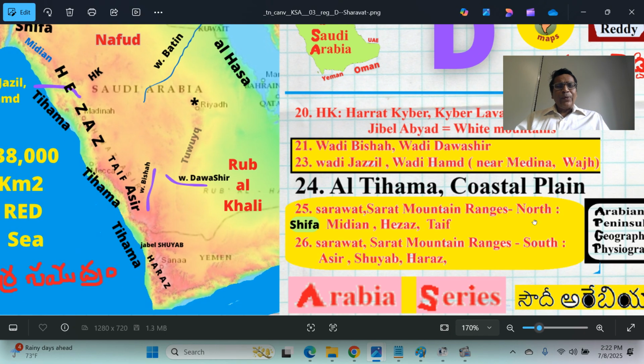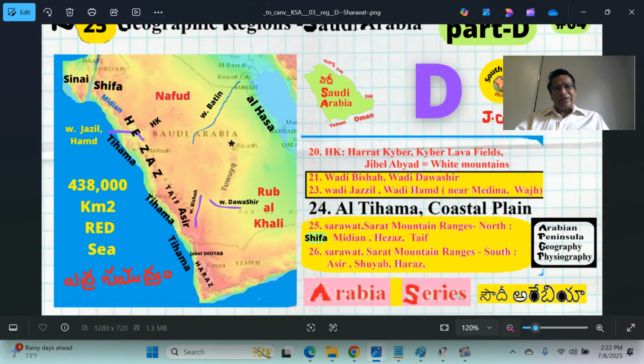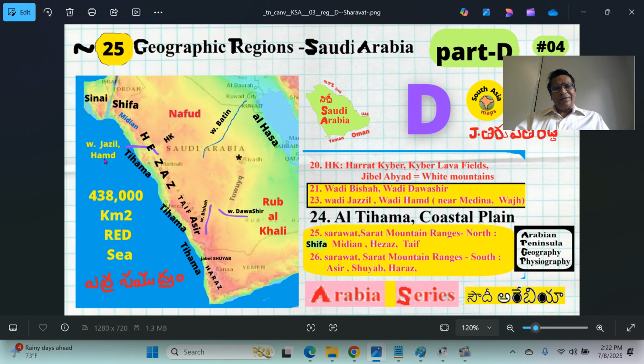Then we have the coastal plains, Al-Tihama. Tihama is the coastal plains adjoining the Red Sea Rift, the greater, broad rift valley that starts from the Galilee or Tiberias to the Dead Sea and Araba Wadi and continues to the Gulf of Aqaba, the Sinai Peninsula, Red Sea, then goes into Lake Victoria and so on into the Arabia region.